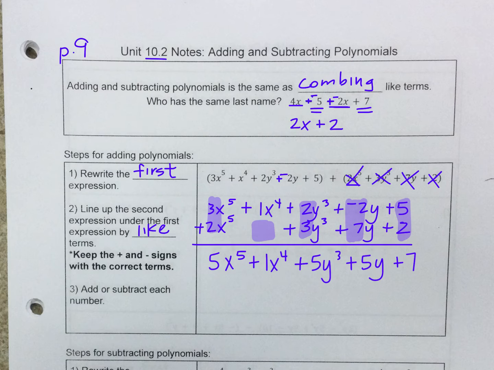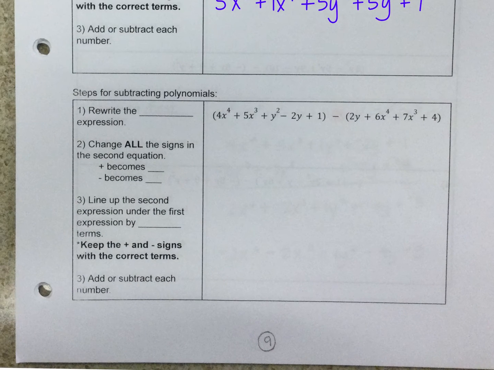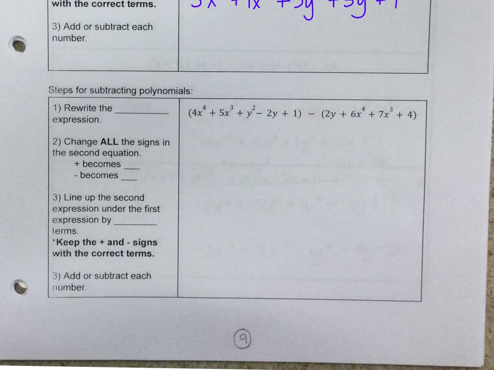All right, let's look. So the key to that is that there was an addition sign right here. So it's going to change a little when there's a subtraction sign. This one right here is subtraction. So the first step stays the same.